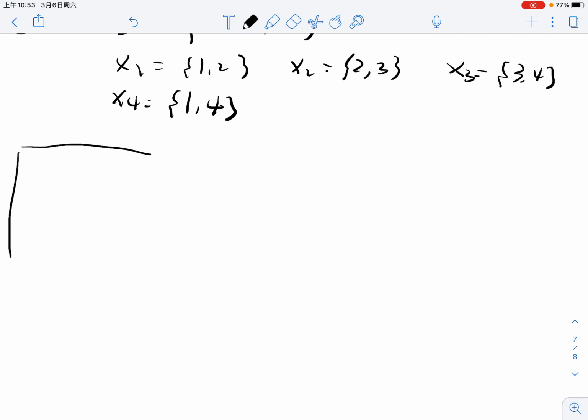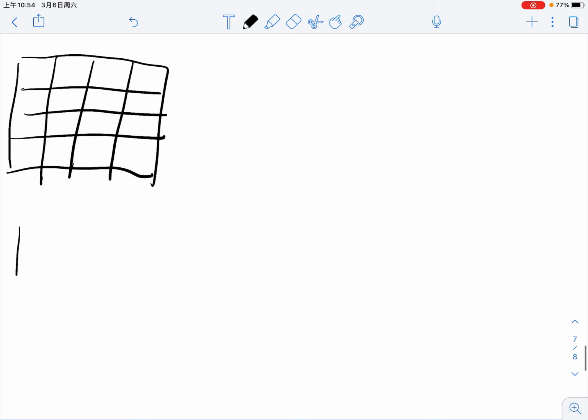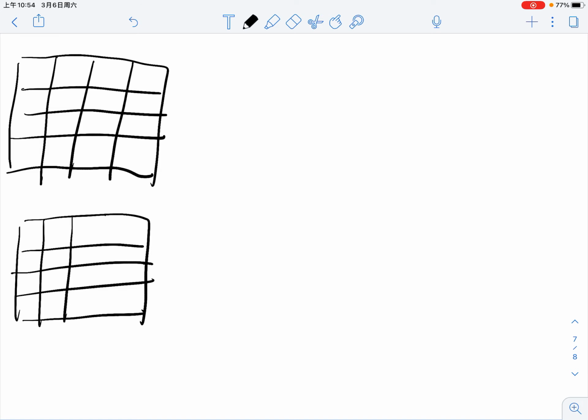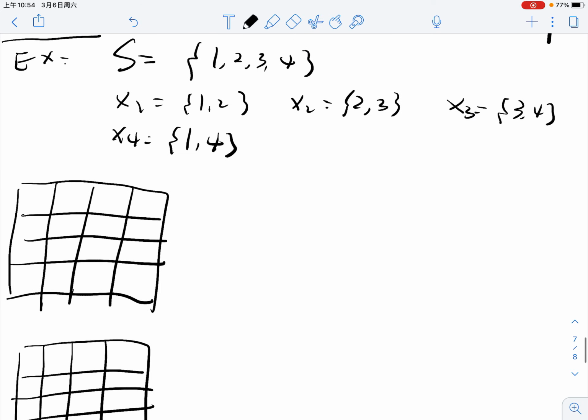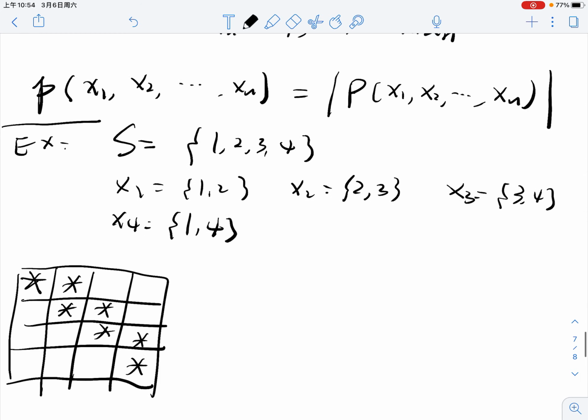And if you draw a graph, you have the following. I would like to draw two because later on it turns out you have two generalized derangements.